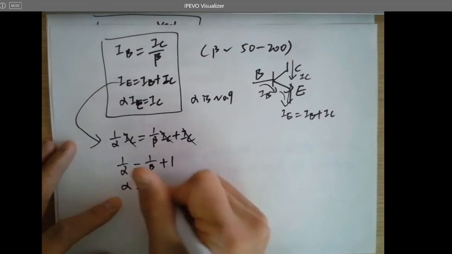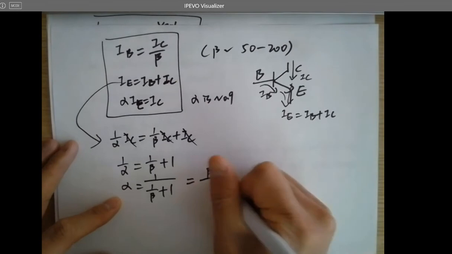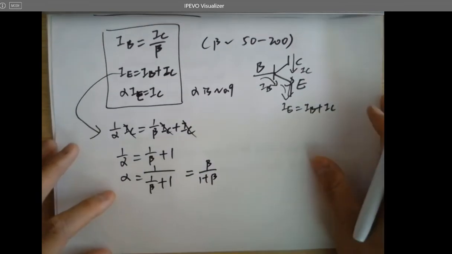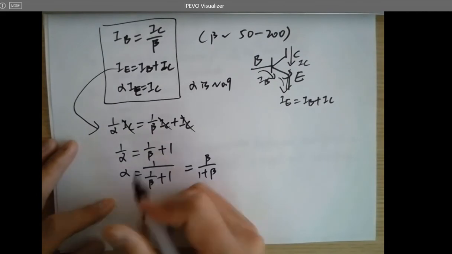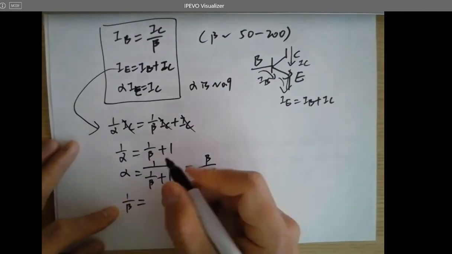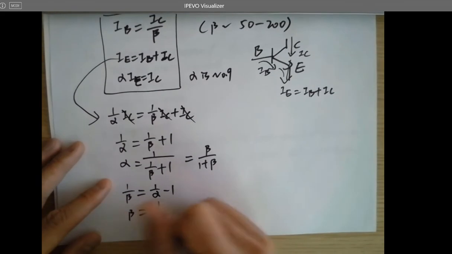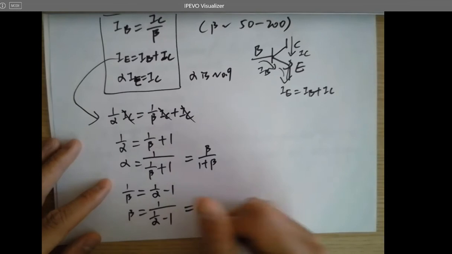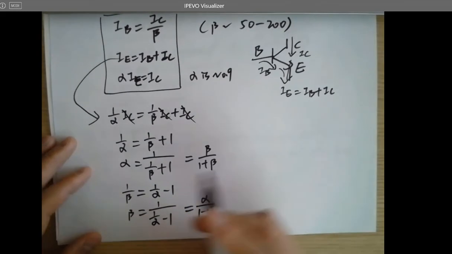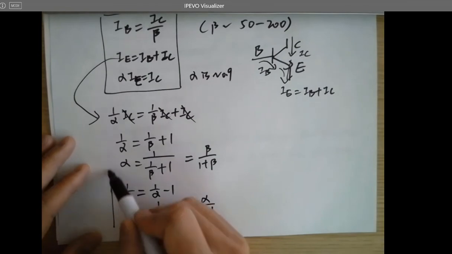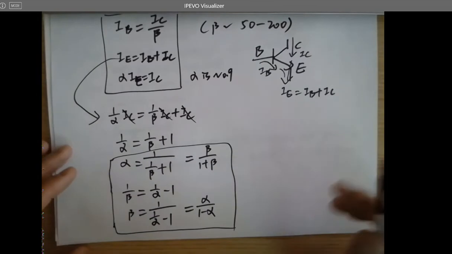So alpha equals 1 over beta plus 1, which is beta over 1 plus beta. Let's do the same thing, but we move the 1 to the left. Then 1 over beta equals 1 over alpha minus 1. So beta equals 1 over this minus 1, which is alpha over 1 minus alpha. So this is also important.